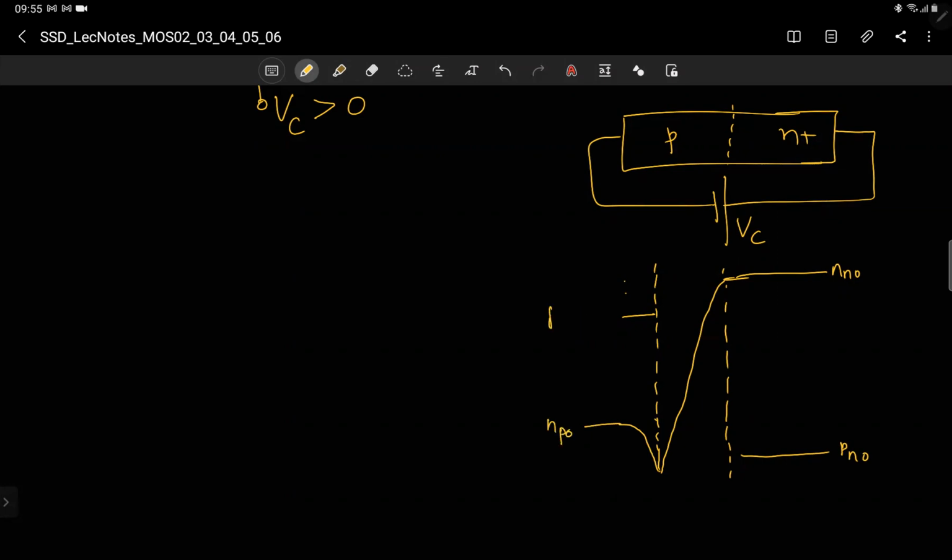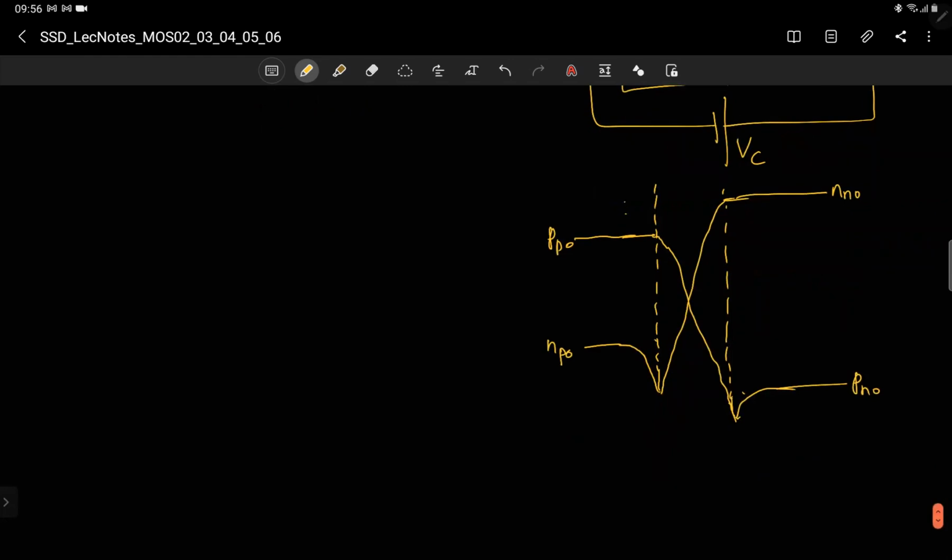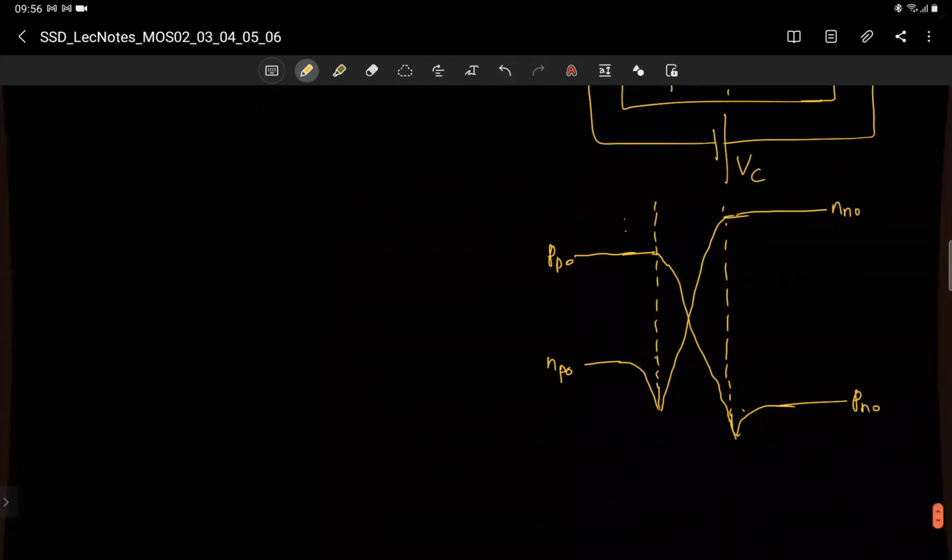So here also it's Pp0. What happens is here it comes like this, so it goes to almost 0, and then it increases like this. You know that this is how you see carrier concentrations in a reverse bias PN junction.